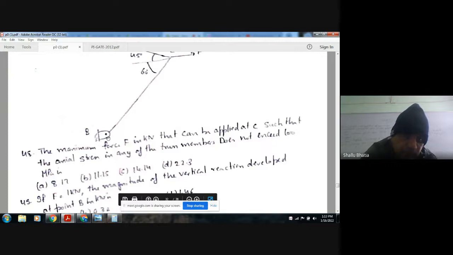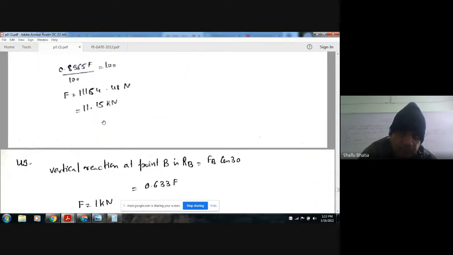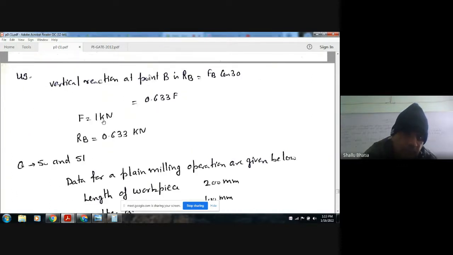This is vertical, so this angle is your 30 degrees. The vertical reaction will be FB cos 30. So the answer is 0.633.